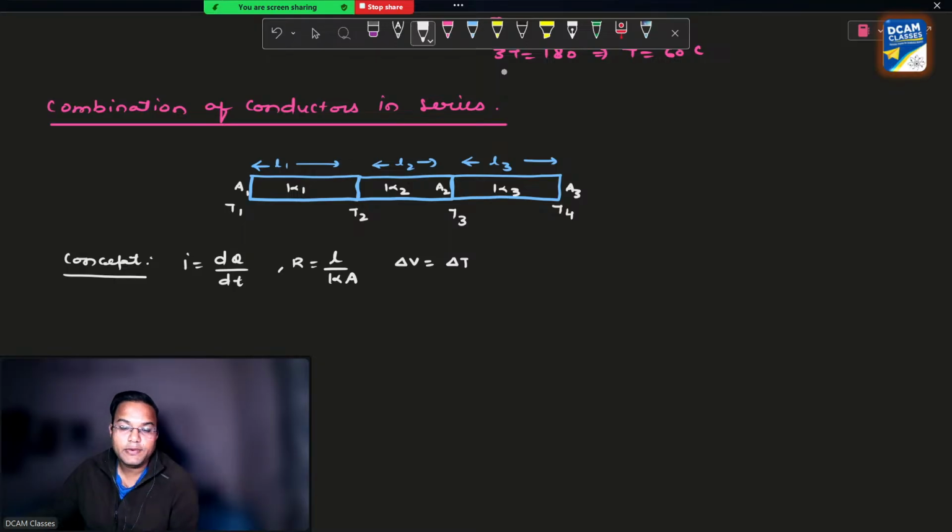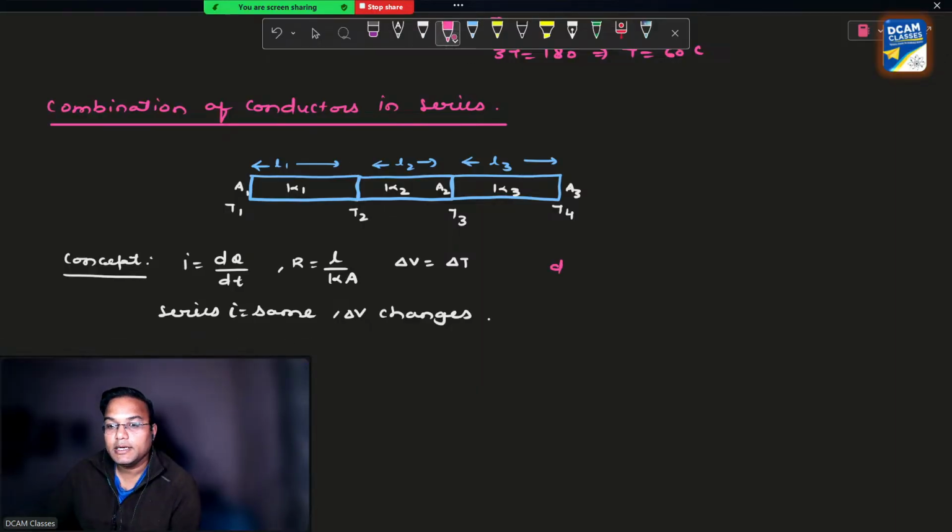So what we will be doing here, because we know in series I remains same, in current electricity we know from lower classes, but V changes, delta V changes, voltage changes, but current is same. So what will be there? dq by dt will be same for all.